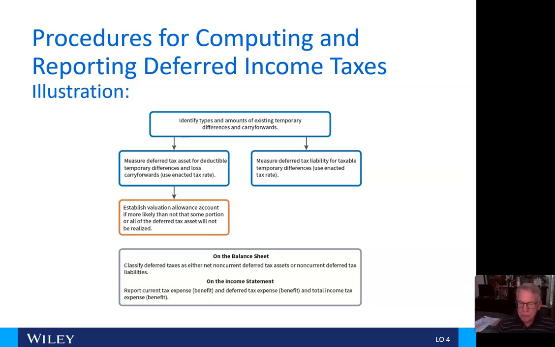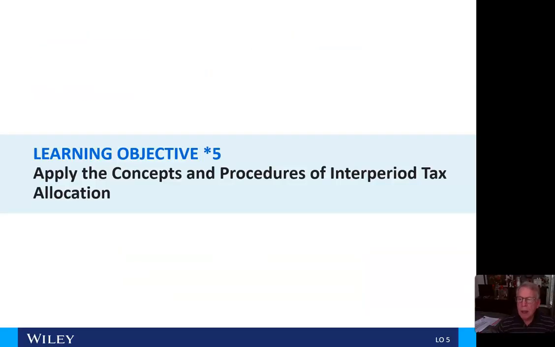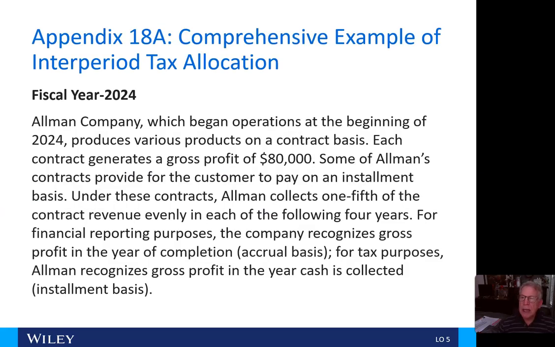Okay. Now, we'll change subject here, and we'll take a look at applying the concepts and procedures of inter-period tax allocation. Here, under Appendix 18 Alpha, we have a comprehensive example of inter-period tax allocation.